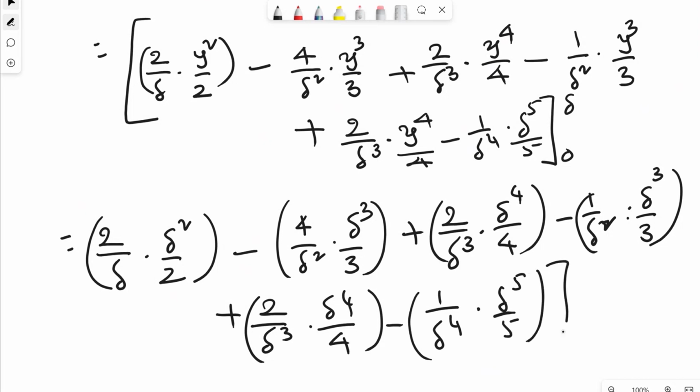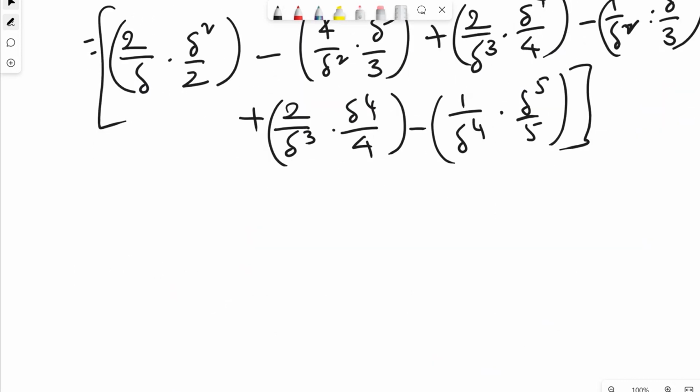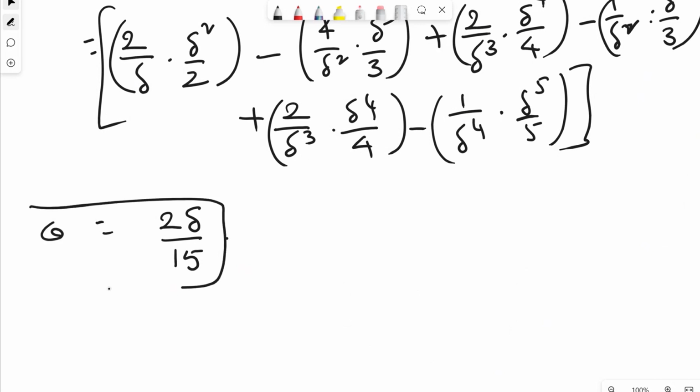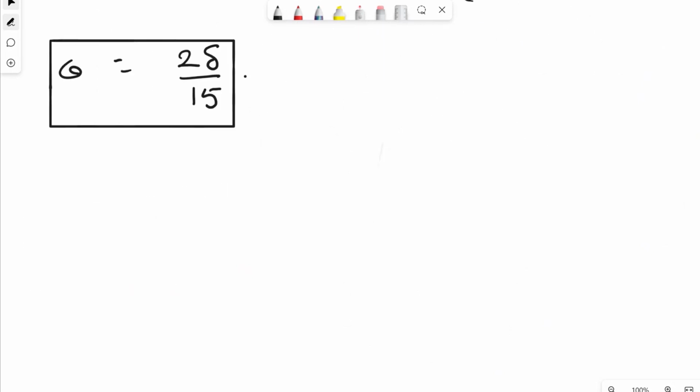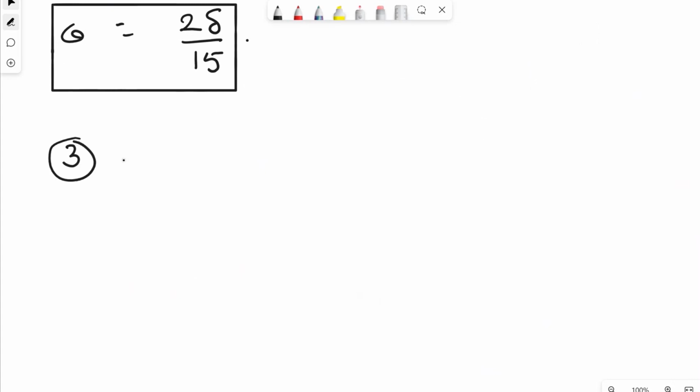So this is the whole story. If you simplify all this, you will get 2 delta by 15. So this is theta. Then what is the third one? The energy thickness.